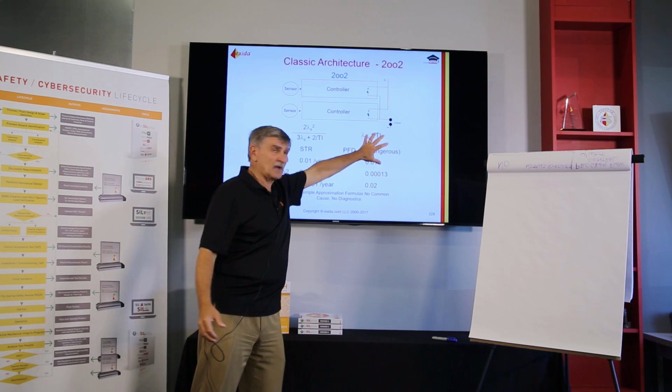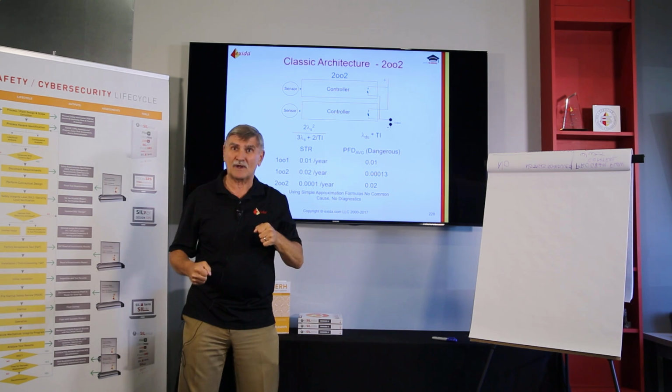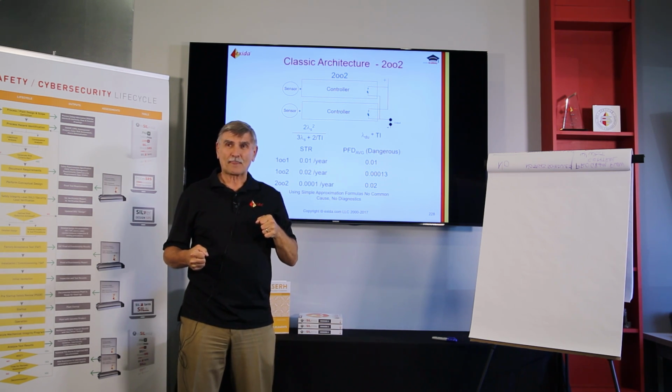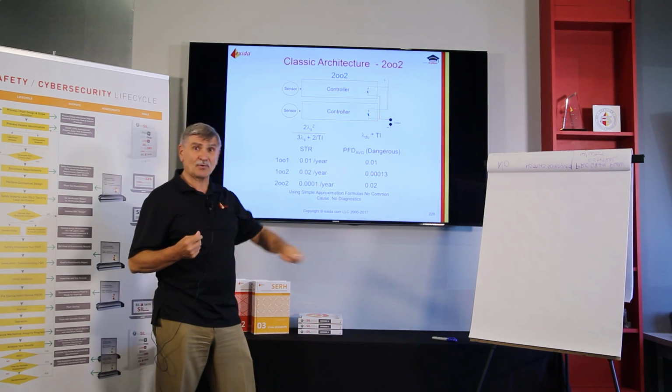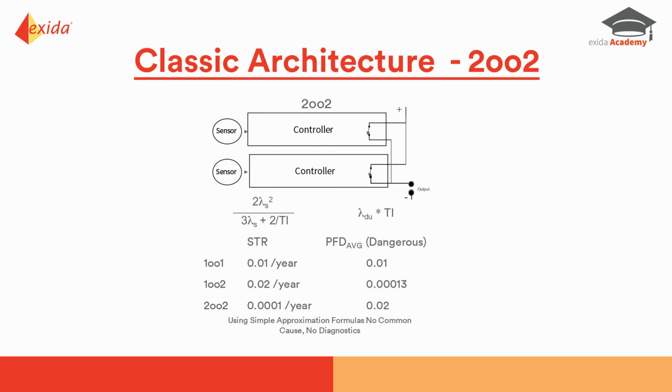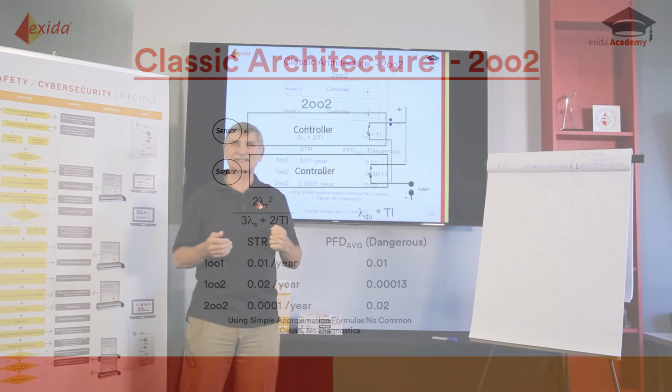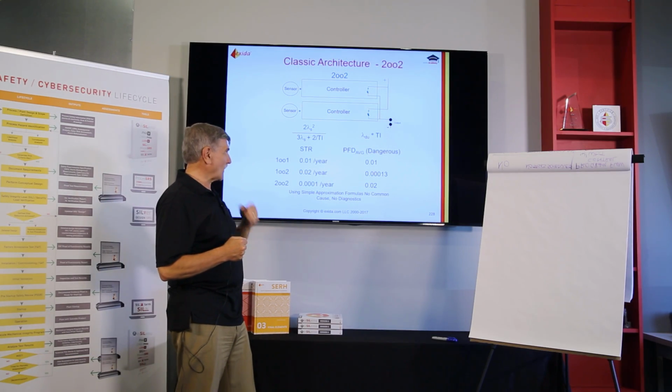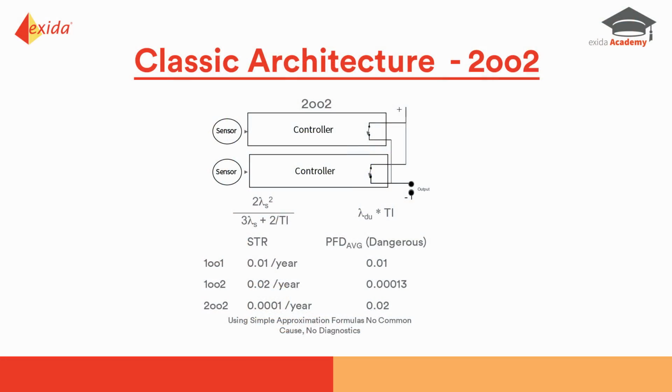I got to keep this final element energized to keep the plant running. Solution to that problem, 2 out of 2. If one switch goes open, the other switch still energizes the output. Problem solved. Great. Uh-oh. And look, 0.0001 per year. This is fantastic.